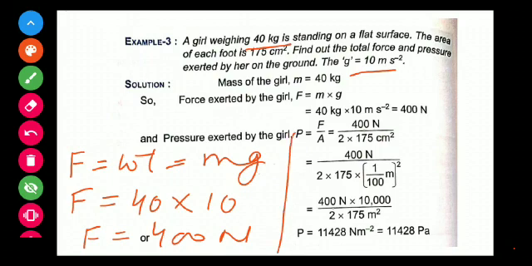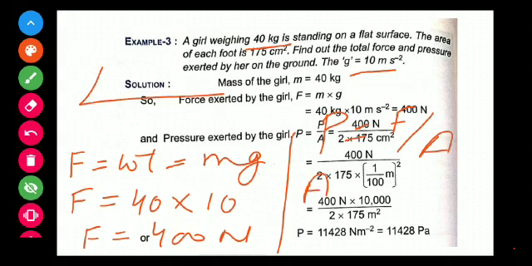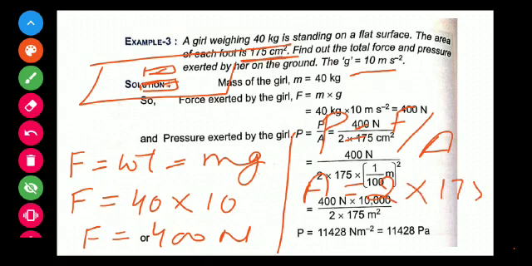Now, to find the pressure, what is pressure? Pressure is equal to force upon area. Now, find the area. Area of 2 feet is equal to 2 into area of first foot, and area of first foot is 175 centimeter square.